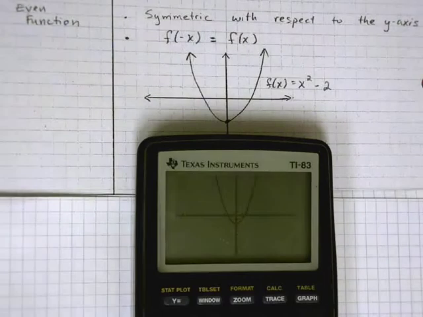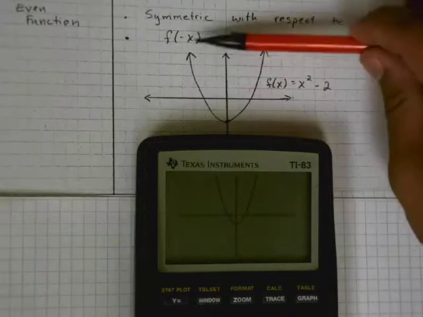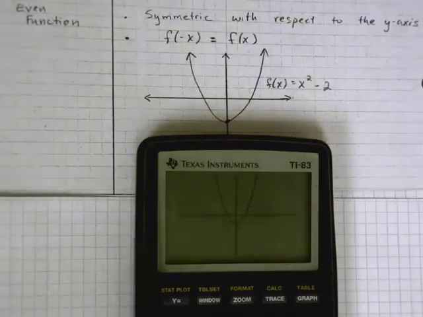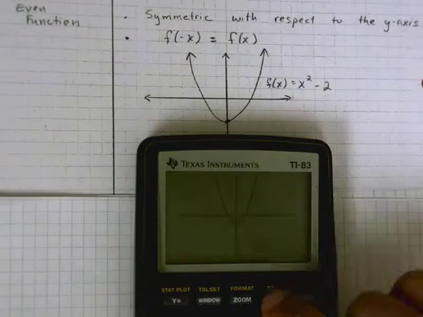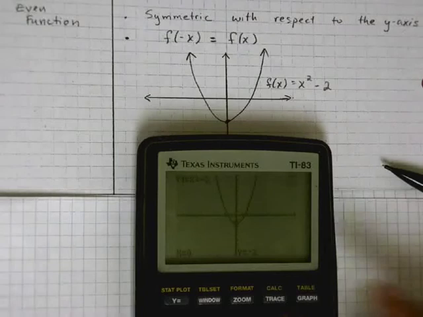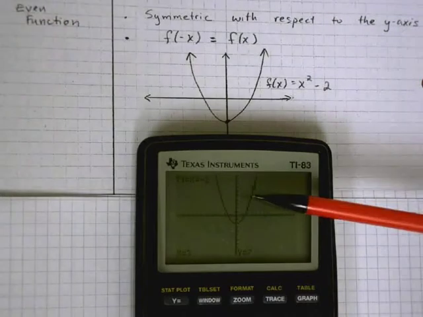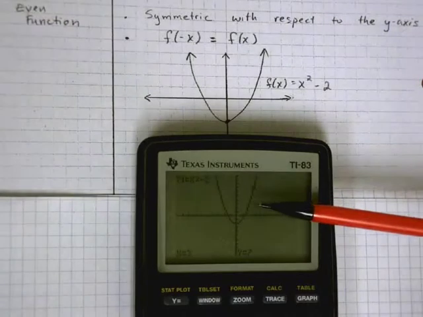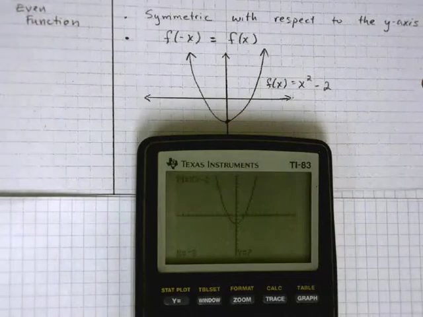The reason I'm putting this into my calculator is so I can show you what I mean with the algebraic definitions here. If we put in a number for x, let's say I hit trace and I enter in a value for x. Let's say I enter in 3, the function is going to give me 7. Now, if I enter in negative 3, it's also going to give me 7.